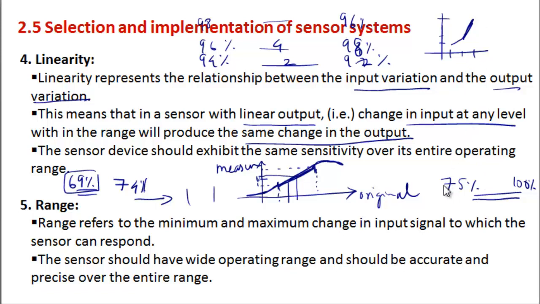Generally, when you want a sensor which has a higher range of linearity, obviously you will have to design a system which is more and more perfect within a particular range. So naturally the cost will go high.